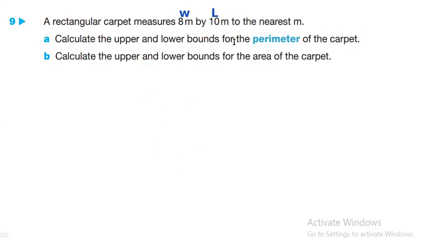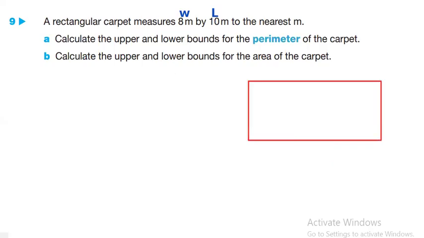So if I want to find the upper and lower bound for these, I'm going to put them in a table like this. I'll show you how. This table gives me the upper and lower bound for the width and the length. So let's say this is the measurement for width and length and upper and lower, okay? Because we're going to use absolute error to find it.